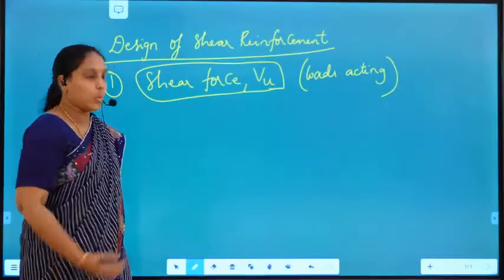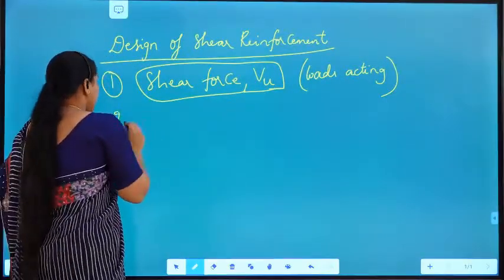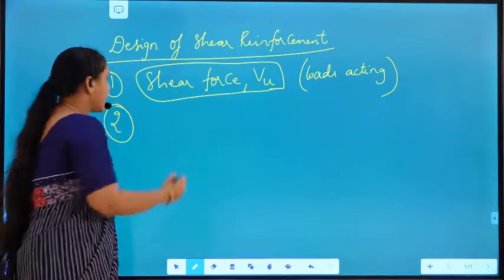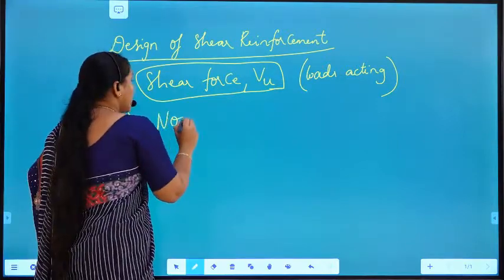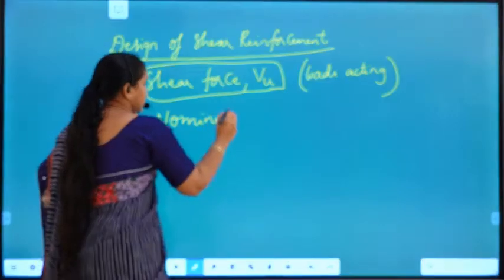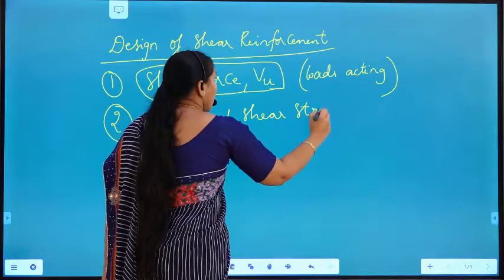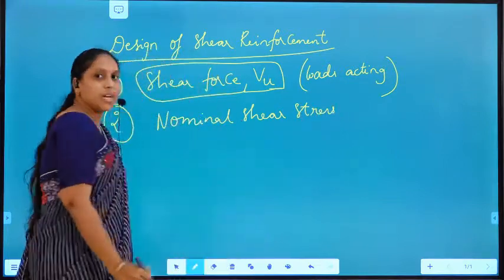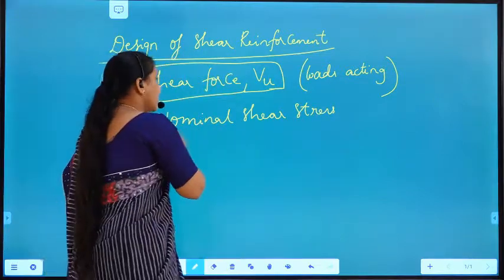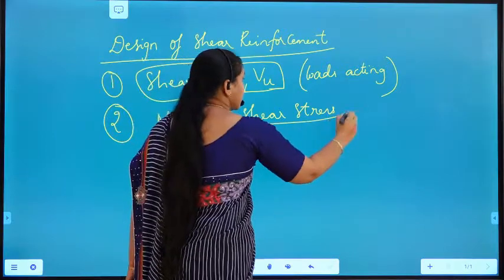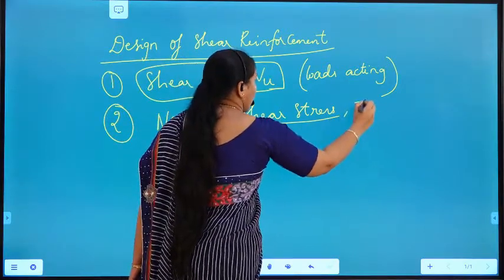The next step is to calculate the nominal shear stress. IS 456-2000 recommends the use of nominal shear stress tau v.